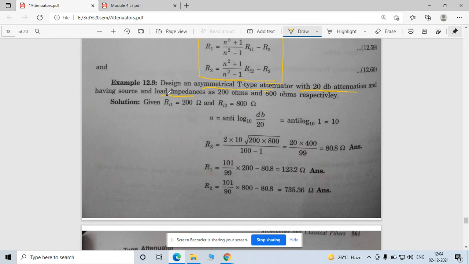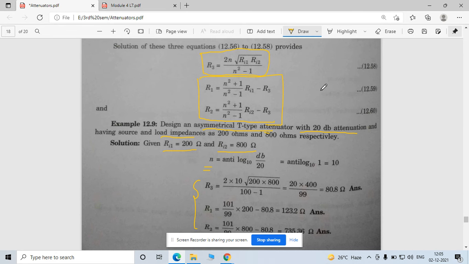Source impedance represents your image impedance for port 1 terminal, and load impedance represents your image impedance for port 2 terminal. So Ri1 is nothing but 200 ohm and Ri2 is nothing but 800 ohm. Take the anti-log of this, so you will find the value of A, and other parameters you can easily find by putting this value into the standard equation. So this equation should be remembered.